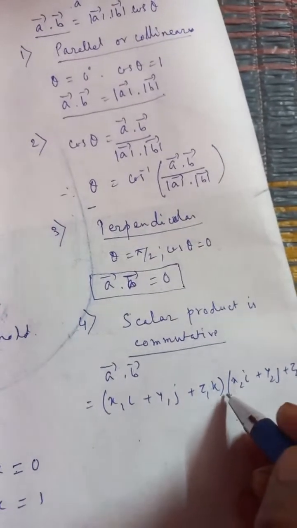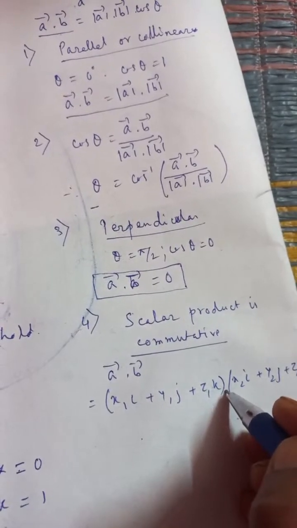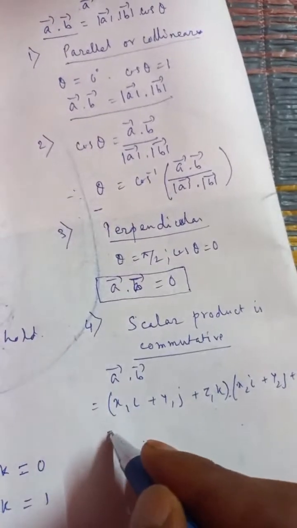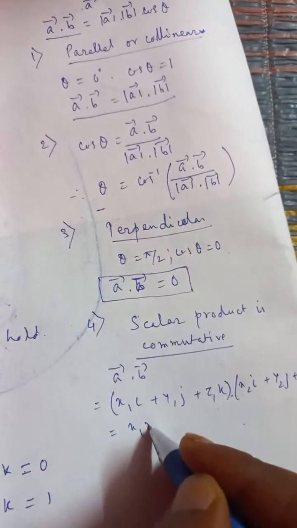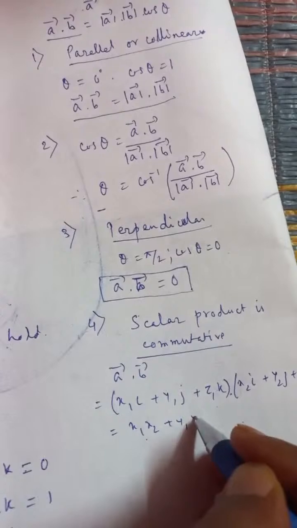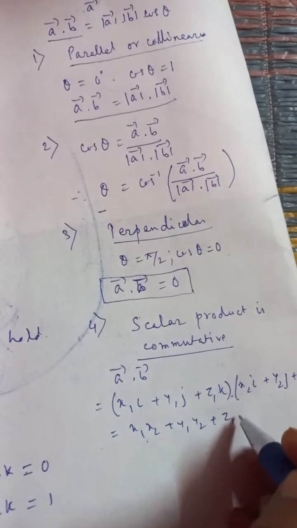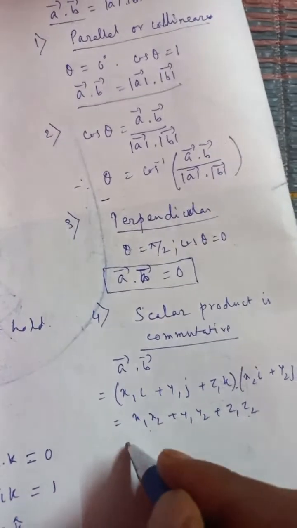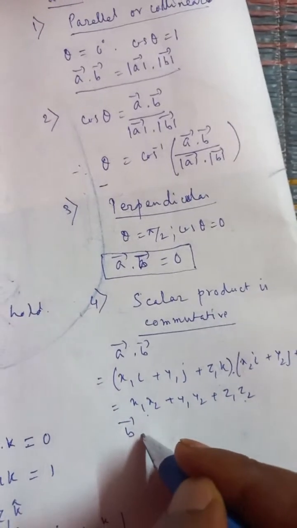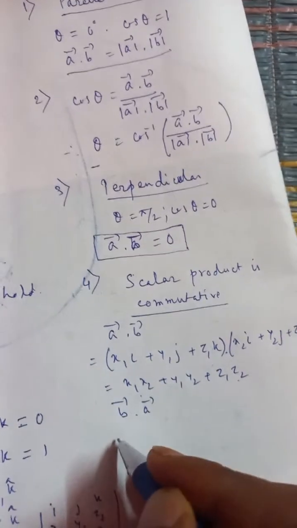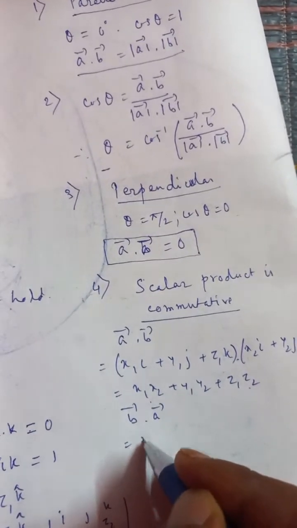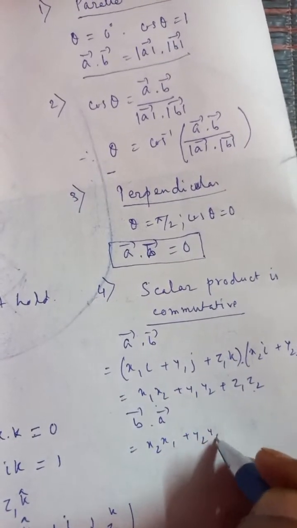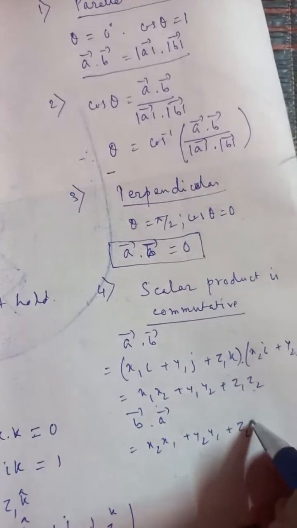When we take the dot product between these two vectors, it will be x1 x2 plus y1 y2 plus z1 z2. And if we find B vector dot A vector, this will again be x2 x1 plus y2 y1 plus z2 z1.